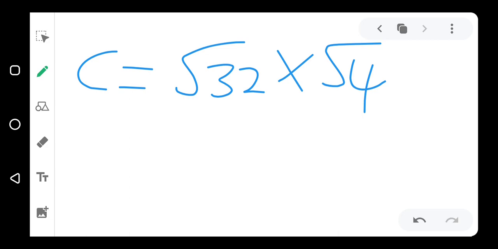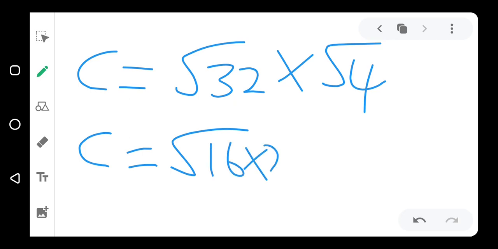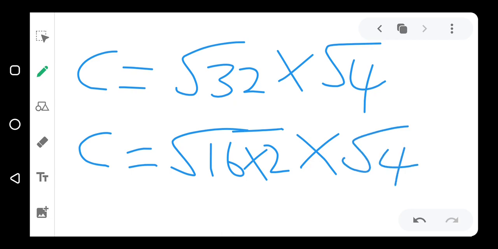We also check again if you can see perfect square inside 32. 32 is 16 times 2, and 16 is another perfect square. So we have that c is equal to root 32 is 16 times 2, now times root 4.